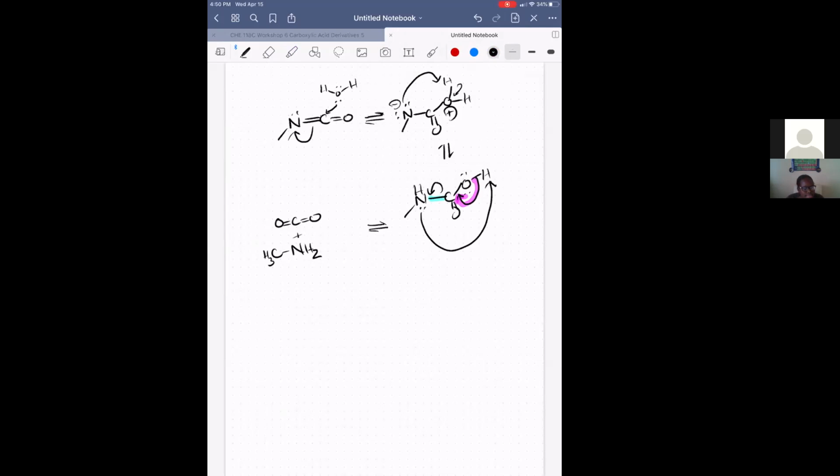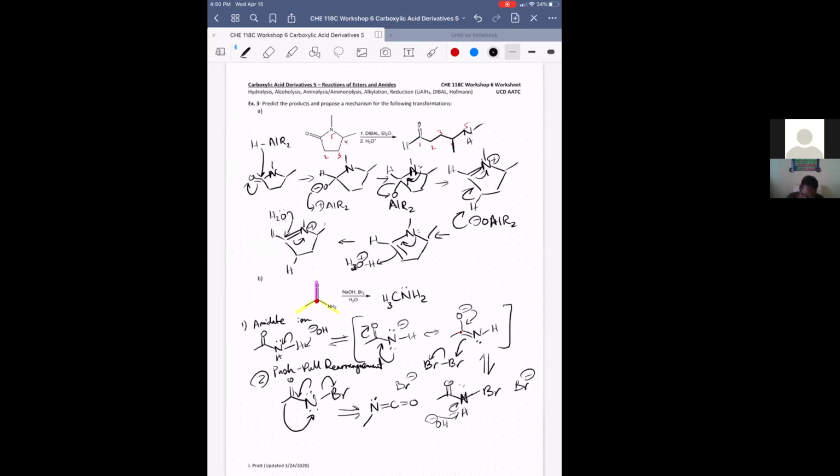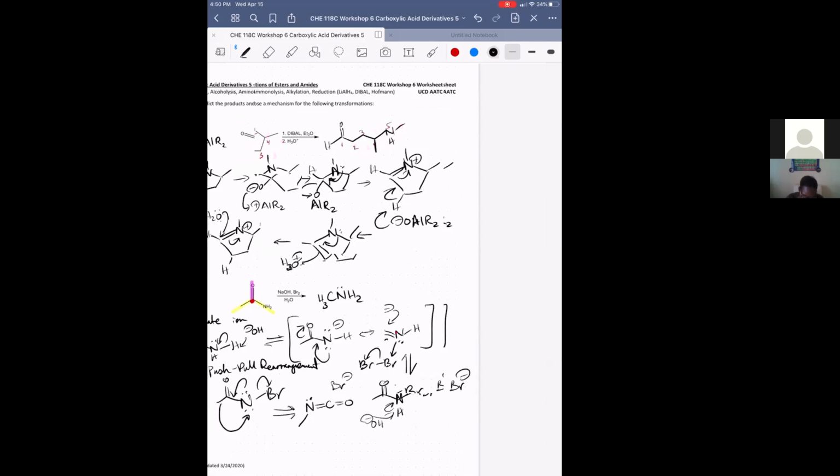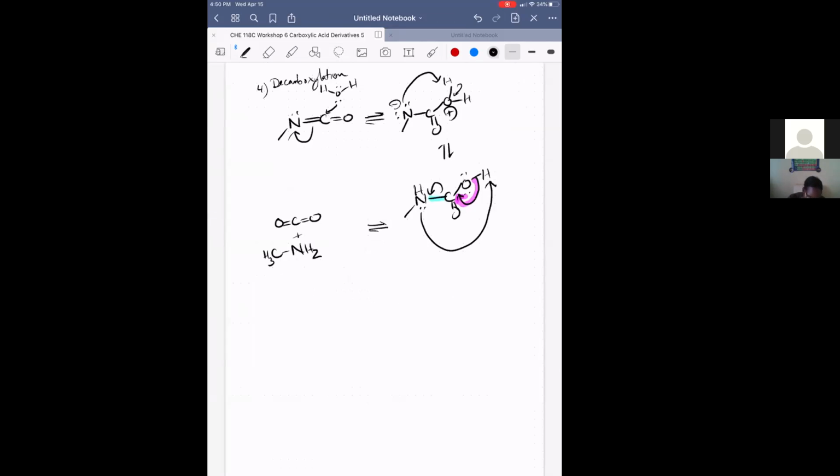All right, cool. And then this 4th step right here is called decarboxylation. Okay, so that's our decarboxylation step. And the 3rd step that we saw here, sorry, this isn't decarboxylation, I put it in the wrong place.